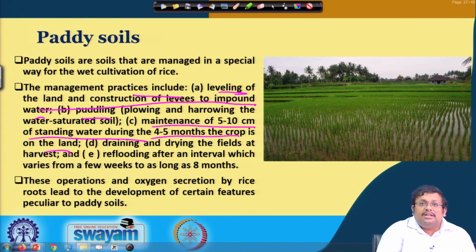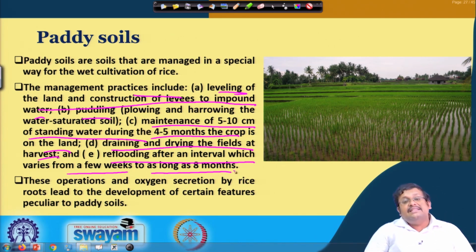So, this is required for the growth of the rice crop, and then drying the field at harvest, because it is required to drain the field at the time of harvest, which is required for the maturity of the crop, and then reflooding after an interval which varies from a few weeks to as long as 8 months.